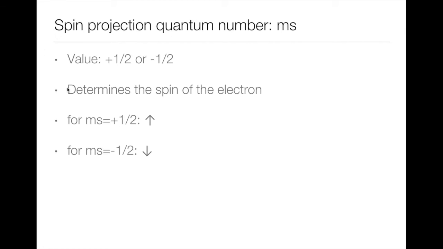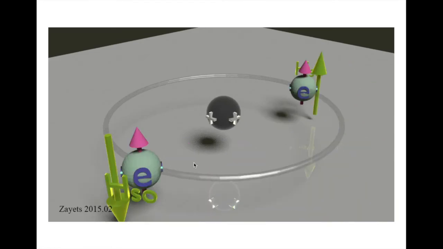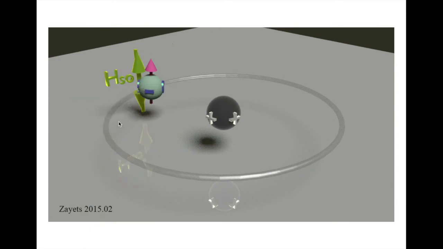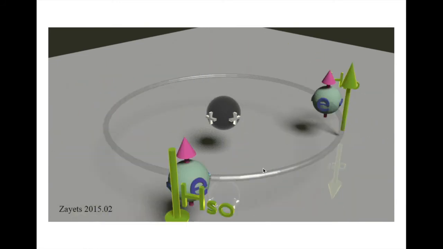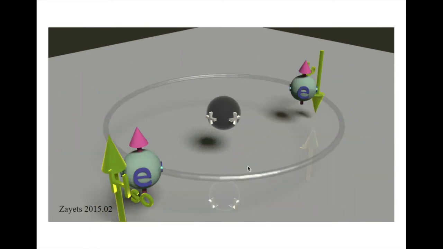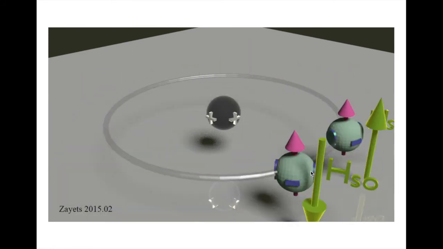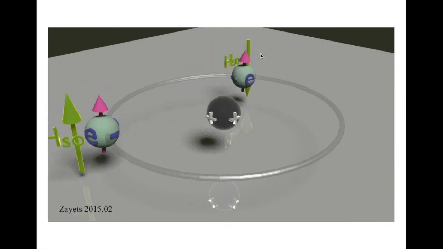So it can be positive 1/2 or negative 1/2. So we've got two possible values for ms. If it is positive, we say it has an upward spin, and it is shown like that. It means that it travels in that direction. And if it is negative, we say it's a downward spin, and it travels in that direction. So it shows us how it travels around the nucleus.